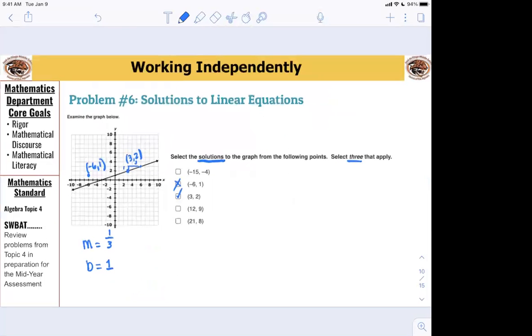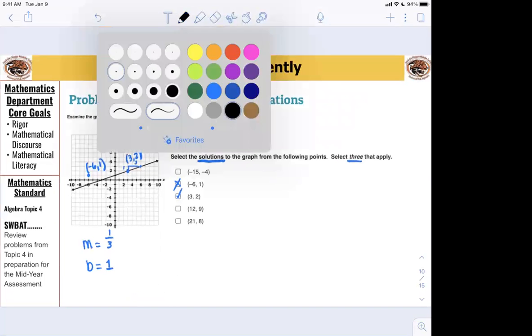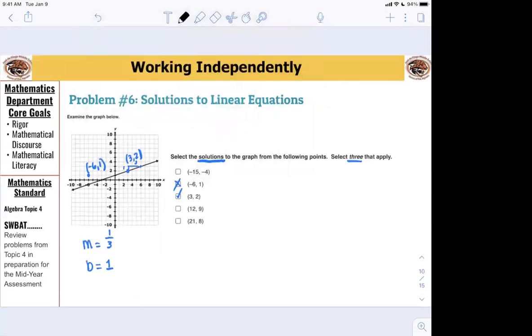So we know the slope, we know the y-intercept. Now I can write my equation. What would my equation be? Y equals 1/3 x plus 1. Perfect. All right. Now that I have an equation, I can plug those coordinate points into the equation and see if they work out. So for example, I'm going to plug in -15 and -4.